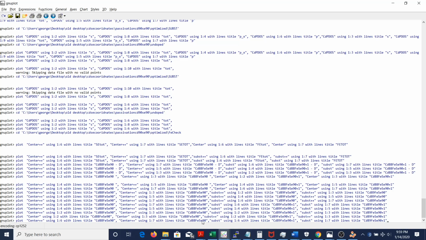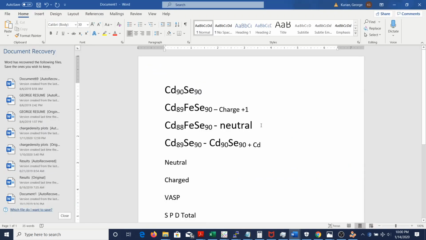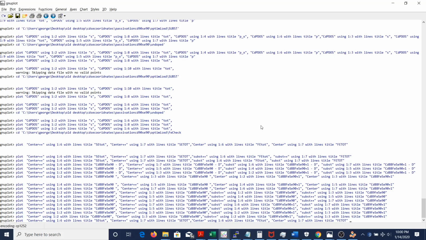I'll start off by first comparing the neutral and the charged. Here I'm starting off with the d orbital.